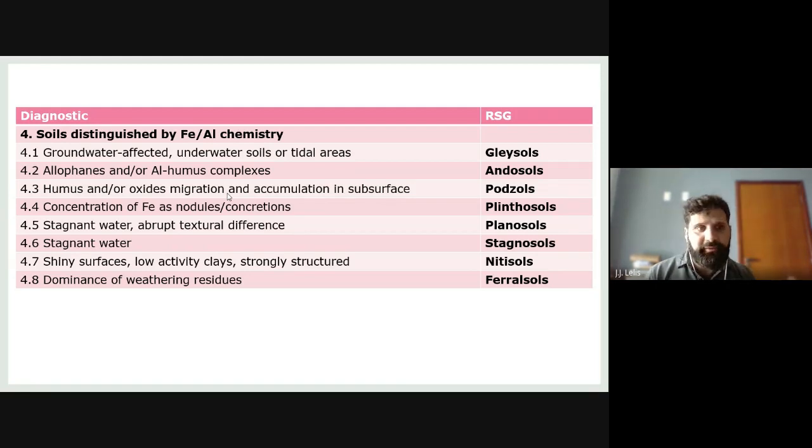So we create a soil that possesses stagnant water, but this layer is influenced by an abrupt textural difference, by a huge difference of clay content between the surface and subsurface soil horizons. These soils are called planosols. So the planosols are those soils that possess difficulty of water migration, and this difficulty is related to a variation of clay content.